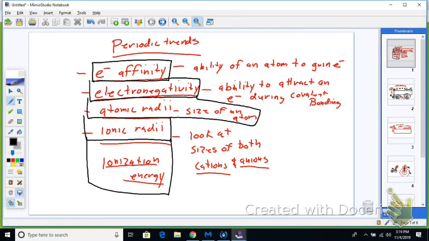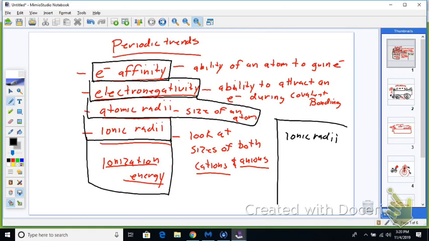Ionization energy increases going across and decreases going down, right? Because the electron gets closer to the nucleus, it's harder to pull out. So the smaller the atom, the harder it is to take out an electron.